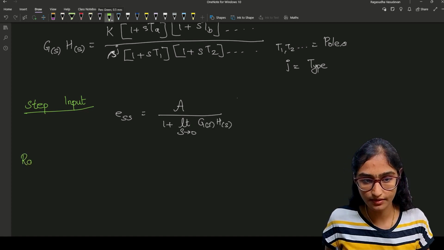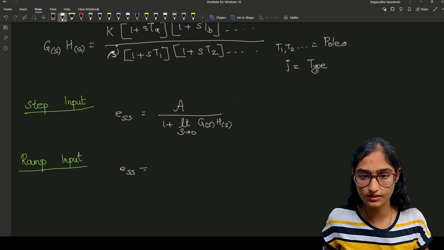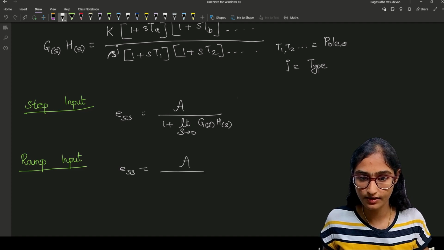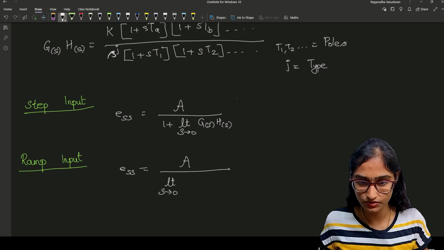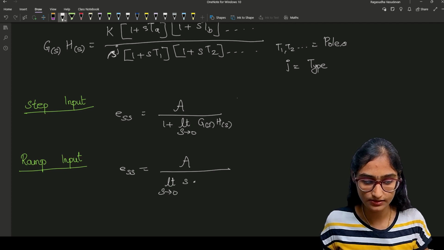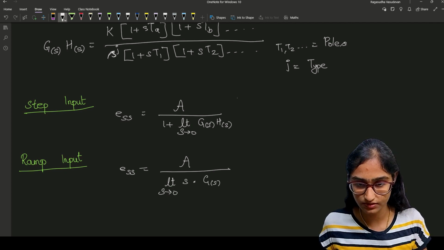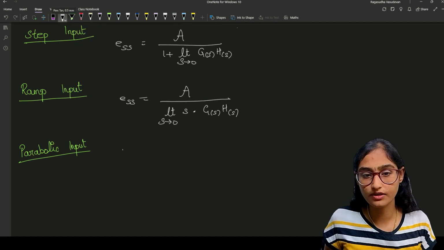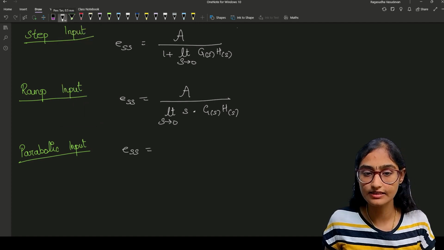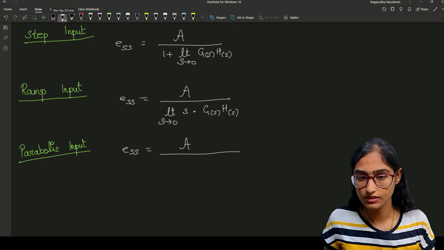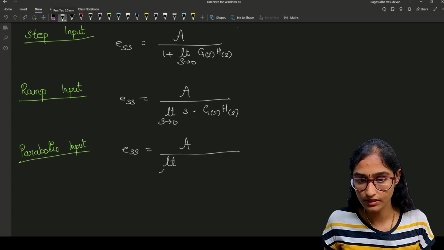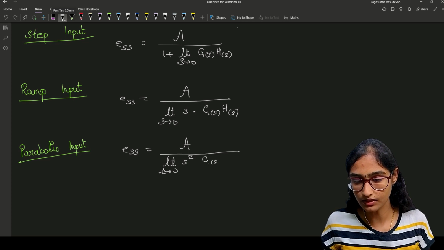If this is a ramp input, the steady state error is going to be A divided by limit S tends to 0 S into G(S) H(S). With parabolic input with size A, the steady state error would be the same term, but it will have S² in the denominator: S² into G(S) into H(S).